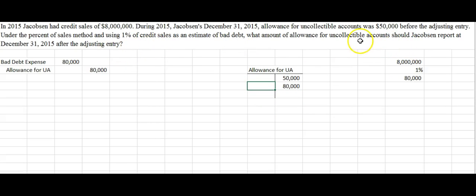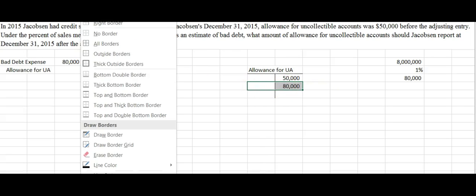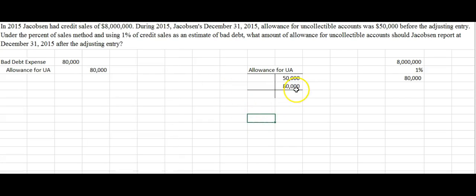It says, what amount of uncollectible accounts should Jacobson report at December 31 after the adjusting entry? This is the adjusting entry. So after that, my ending balance is very simple, right? $130,000. $130,000 is the ending balance.